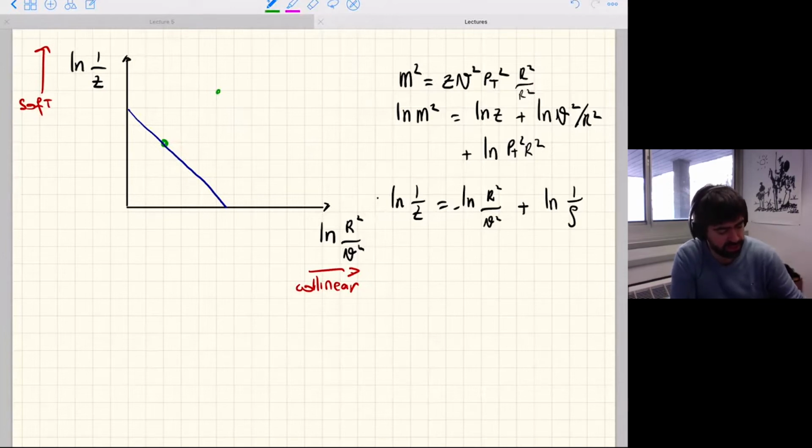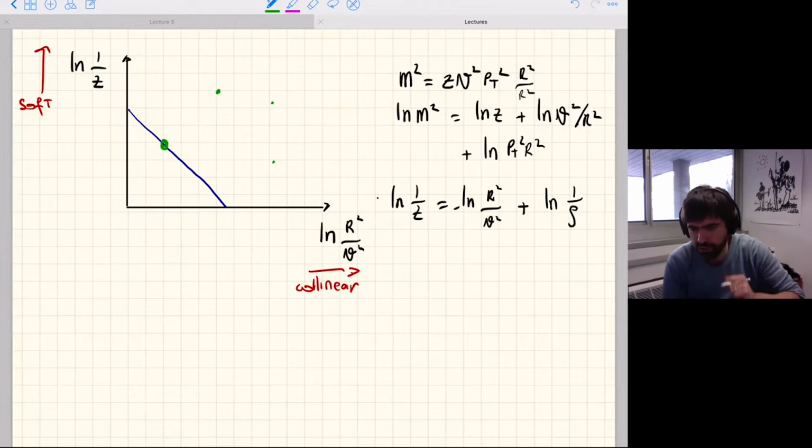All the emissions that live above this line give rise to emissions which are softer or more collinear than the original one. And so these points all have masses which are much smaller than this point I'm writing here.